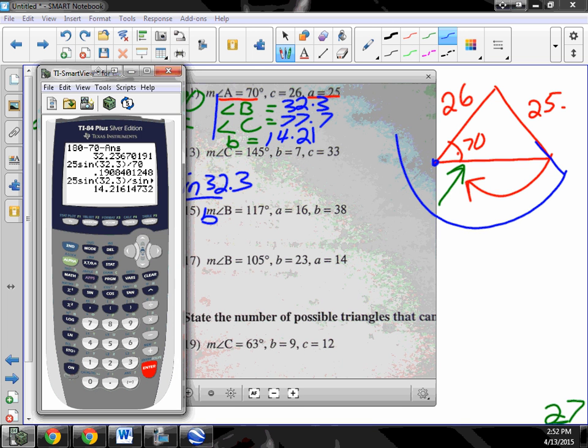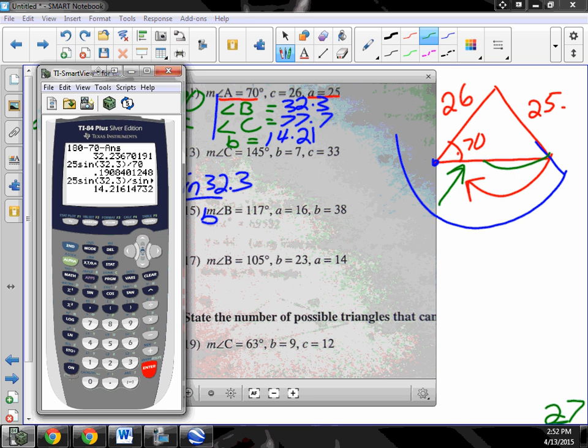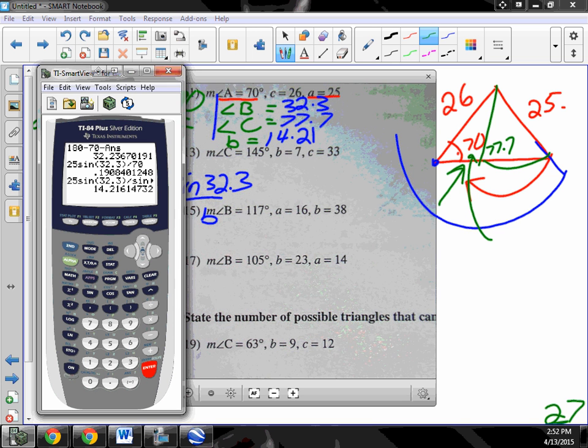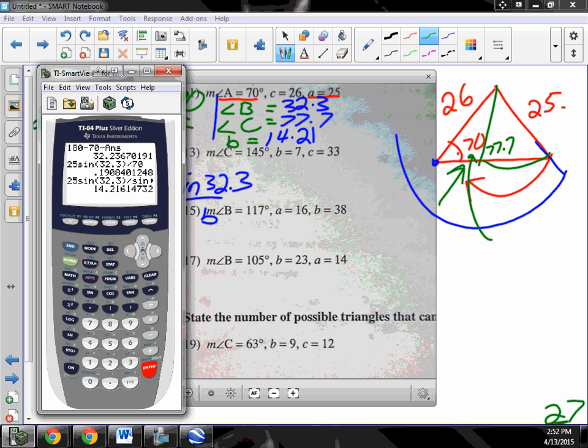Now, the second triangle, it's not tough, but you need to remember one thing. If I swing this, and this is 77.7, what is the supplement angle? 180 minus 77.7. So now this is angle C, right?